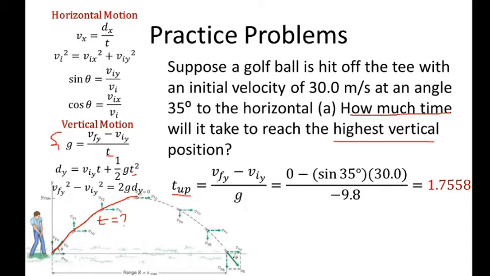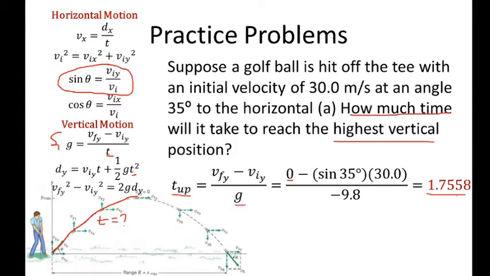Substituting values now, as the ball reaches the highest position, the final velocity is 0. And then viy, we already have as this equation right here, sine theta times vi, or sine 35 times 30 meters per second, divided by the value of gravity.